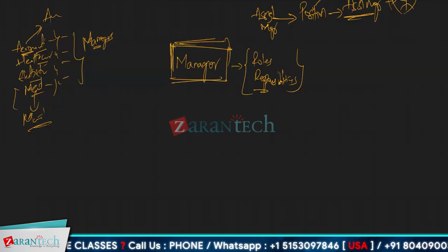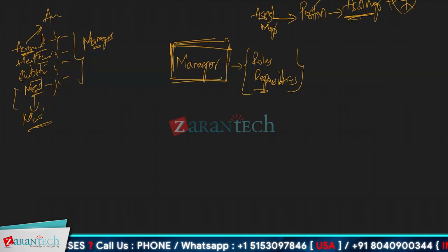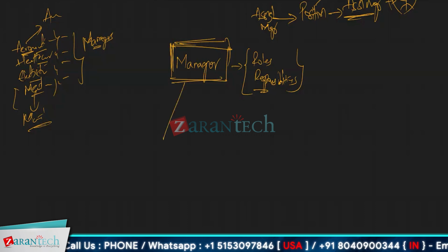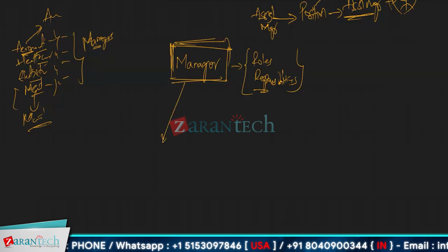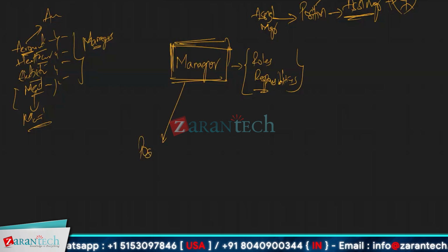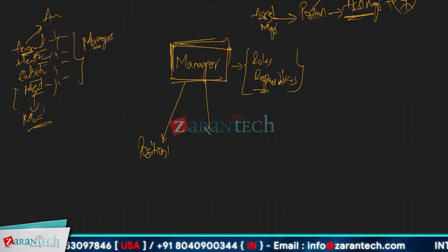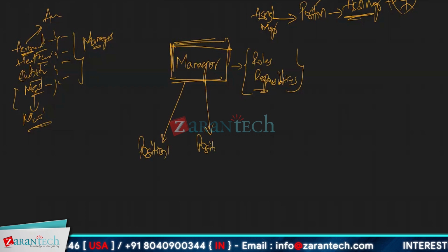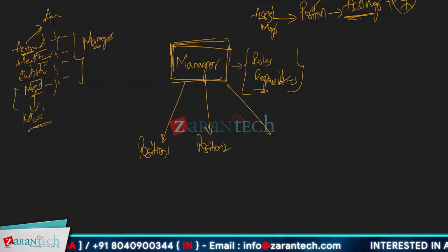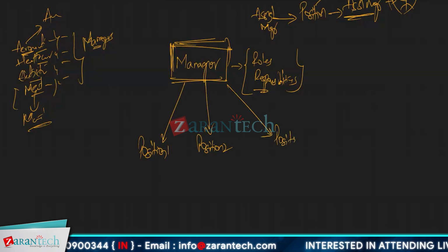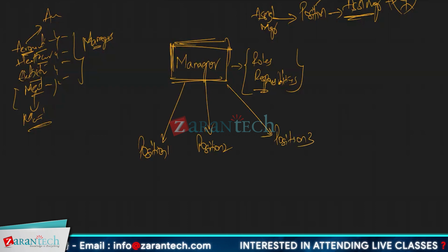What you can do is still create positions. Let's say you need one position for aeronautics manager. So you are creating a position. Then you need position 2, I'm just going to call it position 2, and position 3.